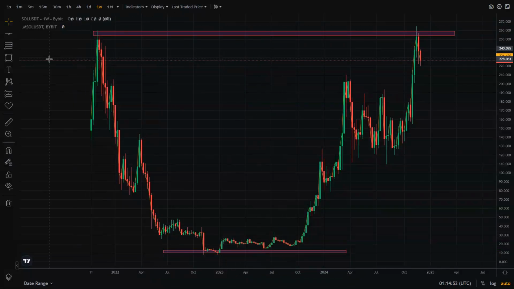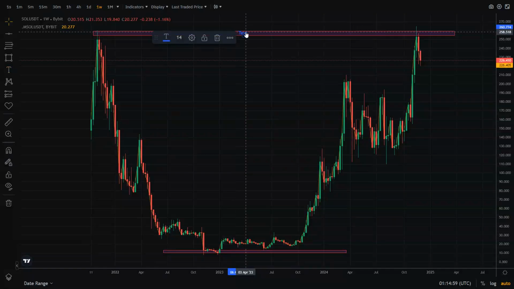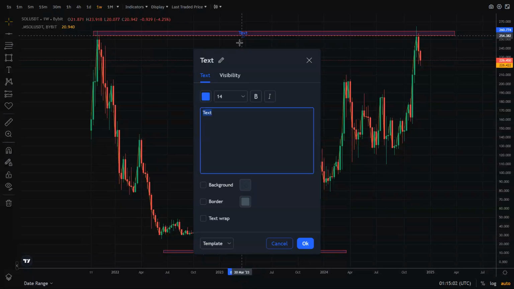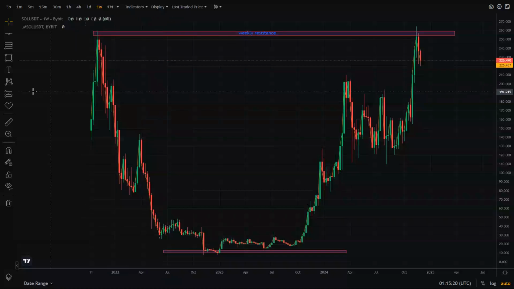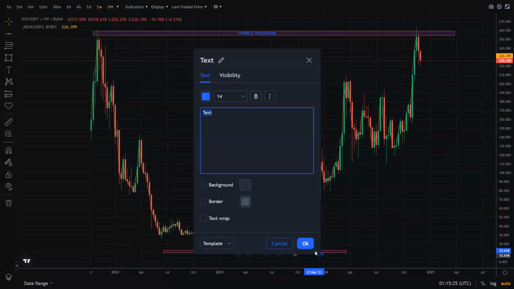So now let's target. Weekly resistance. All right. Now let us tag this as well. Weekly support.